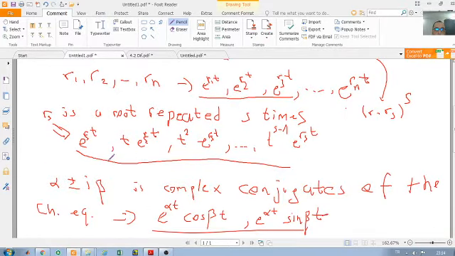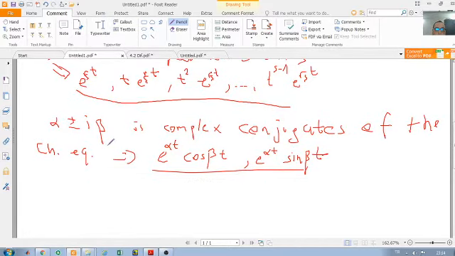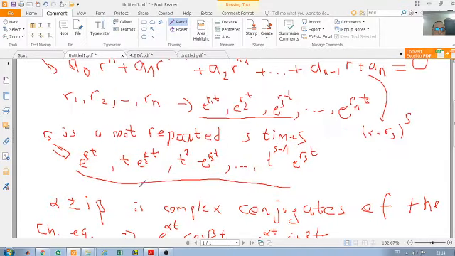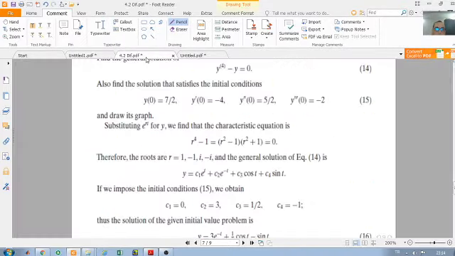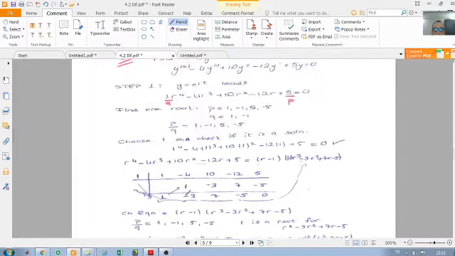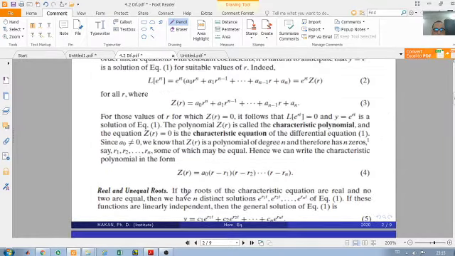If some roots are repeated, we will use this one, and if some of the roots are complex, we will use these formulas. And lastly we will write a linear combination of them to state the general solution of this differential equation. Let's solve an example about that.